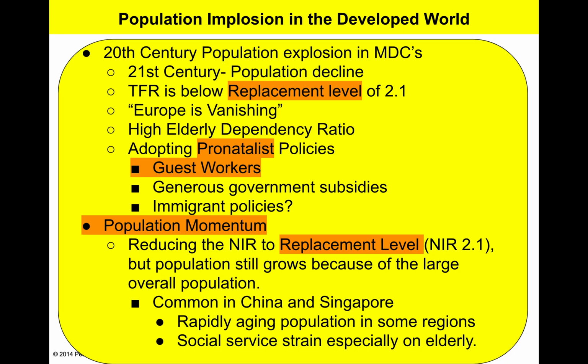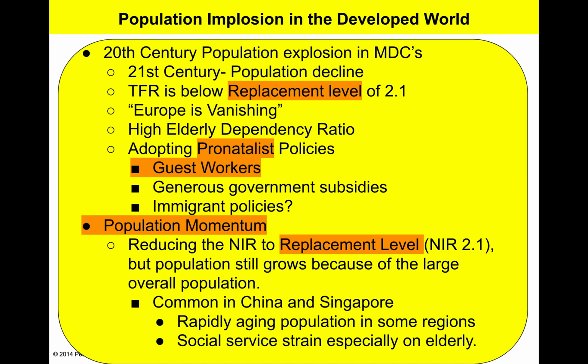Total fertility rate in the 21st century has dipped well below 2.1, which is why you now hear the saying Europe is vanishing. They have a high elderly dependency ratio, and we'll talk about that with population pyramids, meaning that a large percentage of people are dependent on the labor force and taxes.